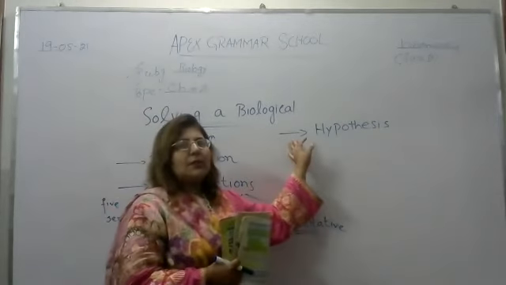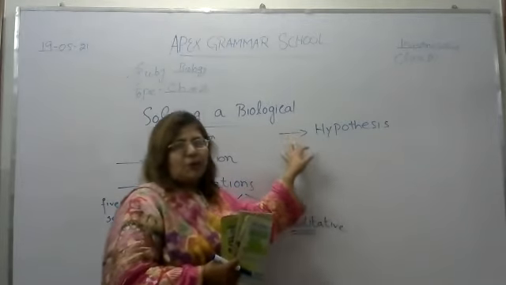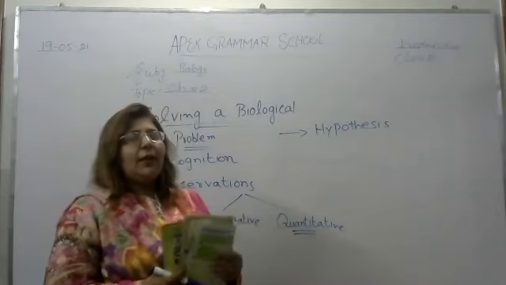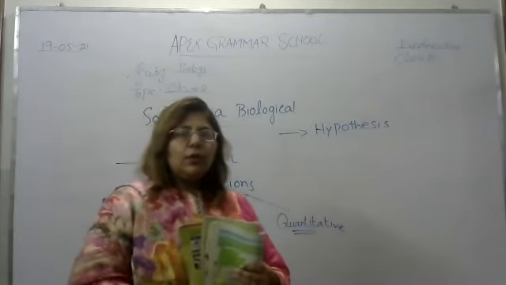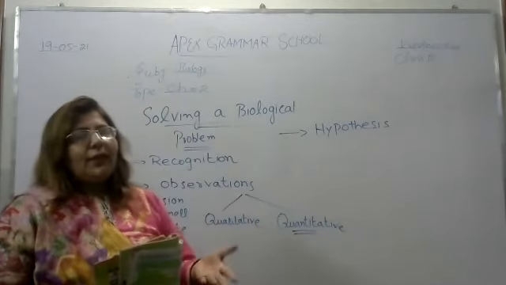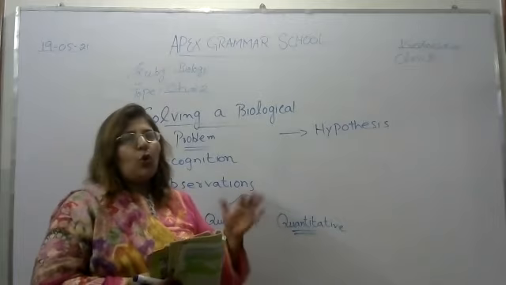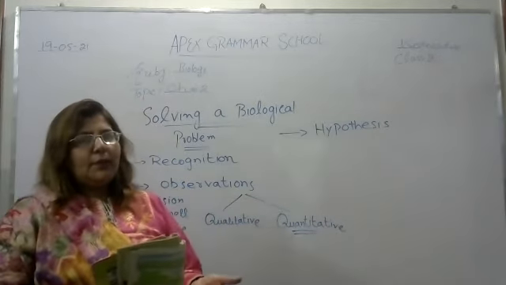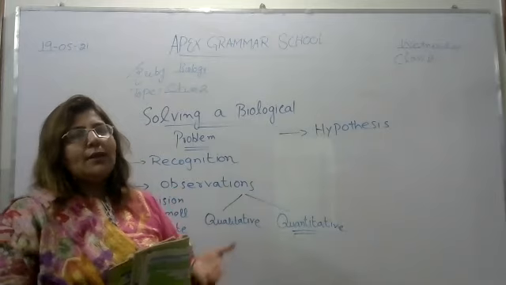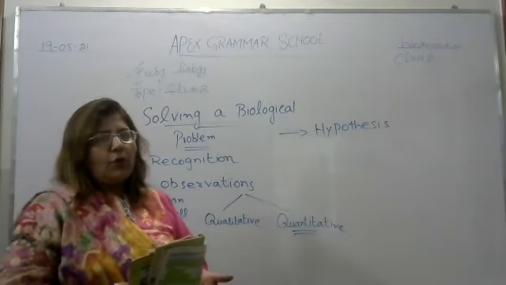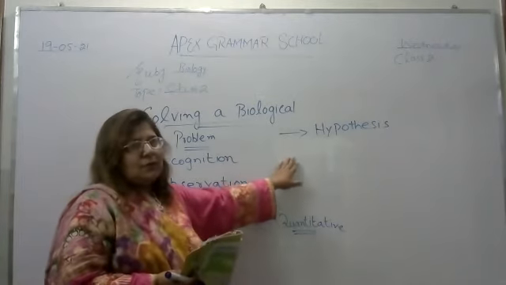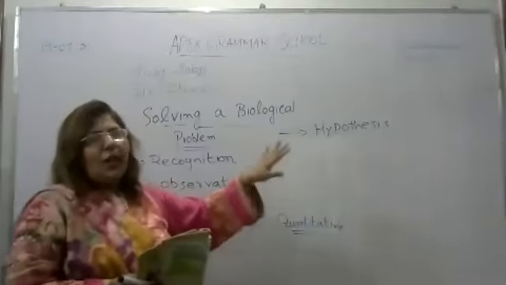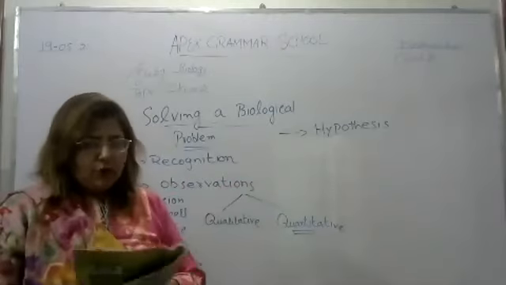Hypothesis. Hypothesis is a statement which can be true and which can be false. Definitely, when scientists begin to work on any problem, they have different issues. When they do the experiments, they find different statements. Some statements can be true and some statements can be false. So hypothesis means a statement which can be true or false.